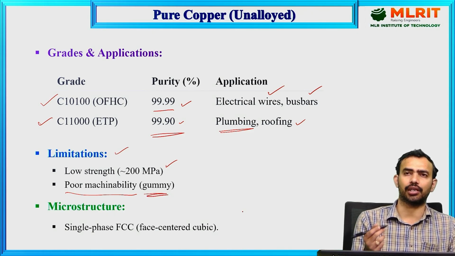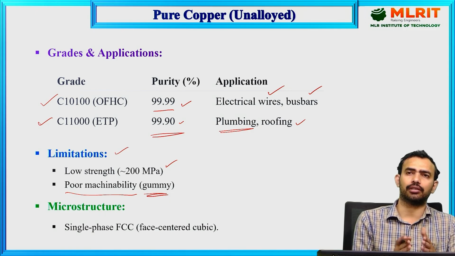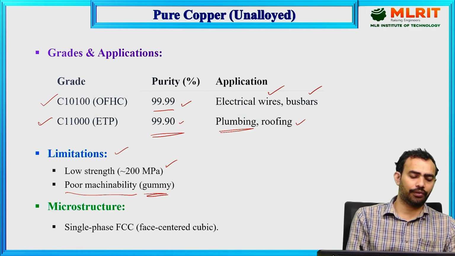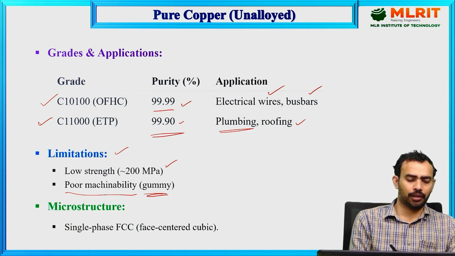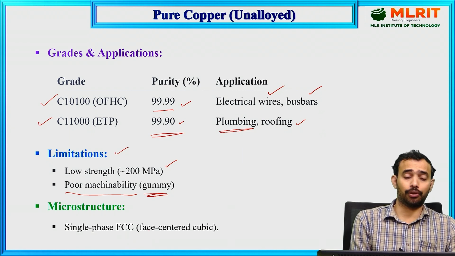It will stick and not cut, but adhere to the cutting tool, so it is a little challenging. If you see the microstructure of pure copper, it is basically an FCC structure, face-centered cubic, a single-phase FCC microstructure.